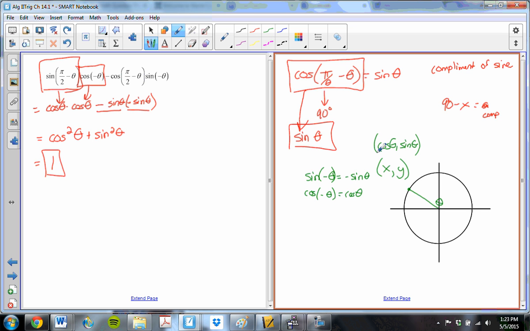If I travel negative theta degrees, I just take that and I do the opposite direction. That would put me here, traveling negative theta degrees. Well, the cosine value is going to be the same. The x-coordinate doesn't change. The y-coordinate is the one that flips. The cosine value doesn't change. Whatever it was before, it stays.